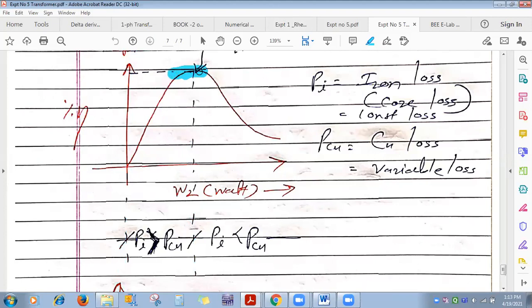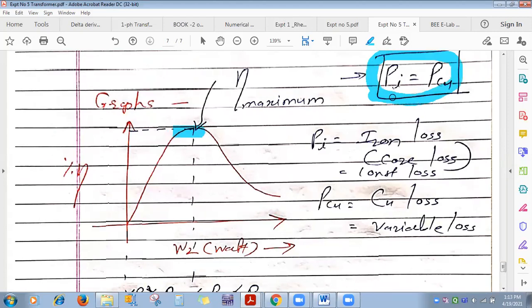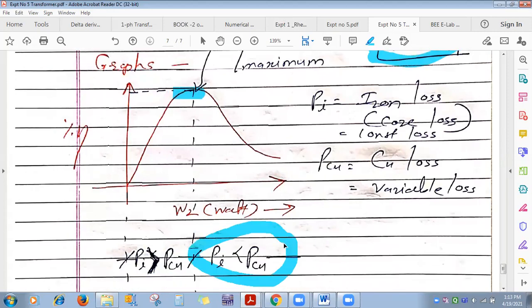Beyond this point, you are still increasing the load on the transformer. Obviously, as both are equal here, as you increase the load, I1 and I2 increase. That's why copper loss becomes more than iron loss, and efficiency starts decreasing. So why is the nature so? This is the reason.